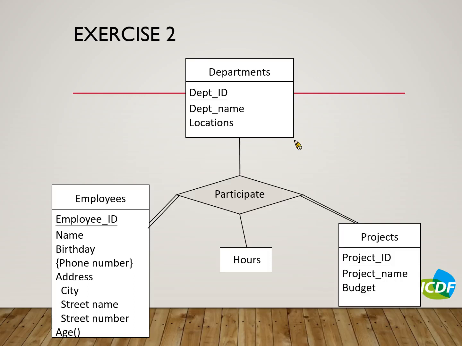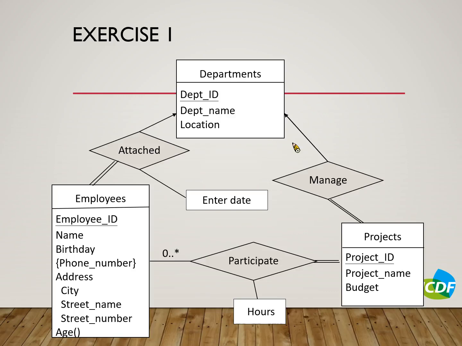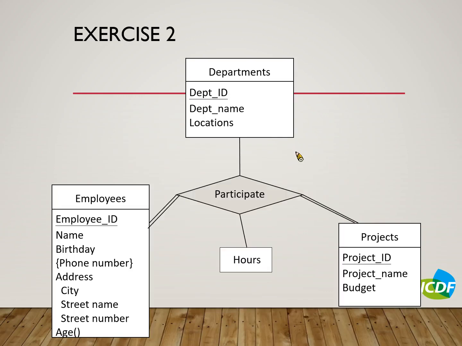So, according to different understanding of the scenario, we may produce totally different ER diagrams, just like exercise 1 and exercise 2. However, it is not an issue of correct or incorrect. I think what we are concerned with is which one is closer to the fact we want to reveal.